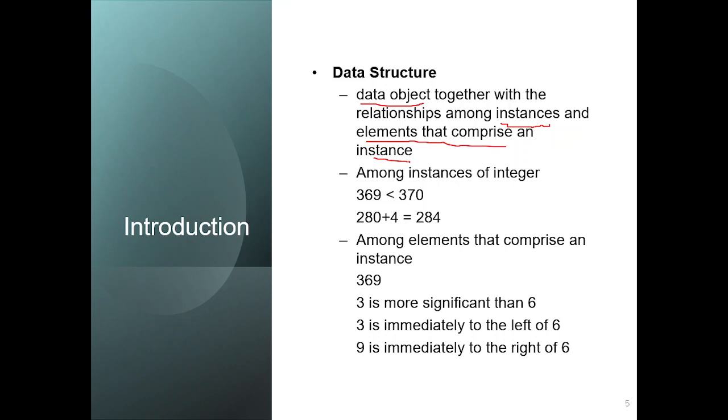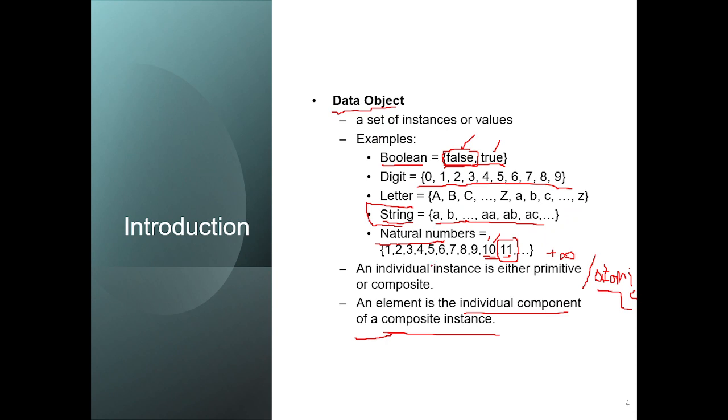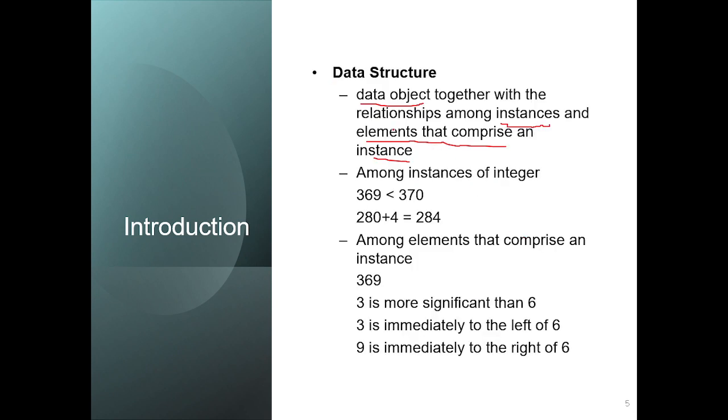So a data structure is basically a data object, which can be any set of values or instances, and then the relationships among those instances, like how are those instances organized, how are they put together in that structure. Those relationships can be among the instances or among elements that comprise individual instances.